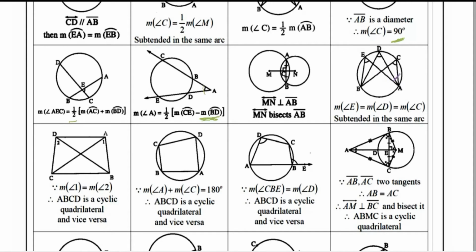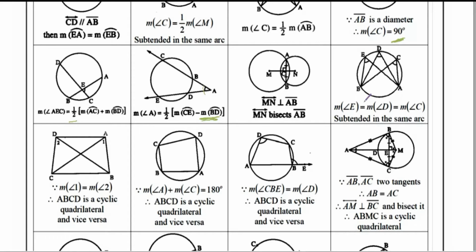Now we have more than one inscribed angle subtended by the same arc. You have angle AEB and angle ADB and angle ACB.